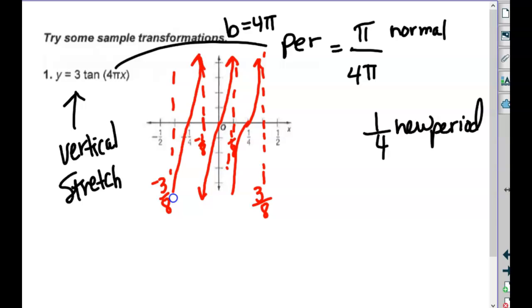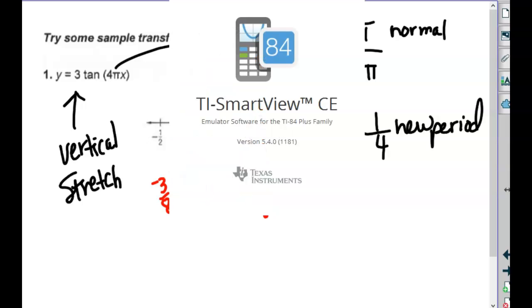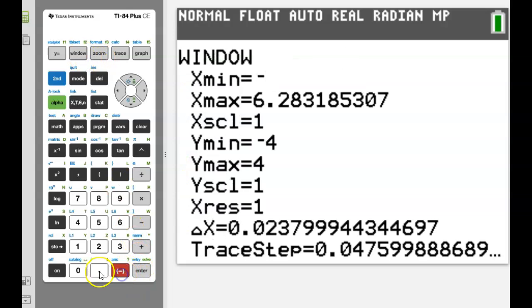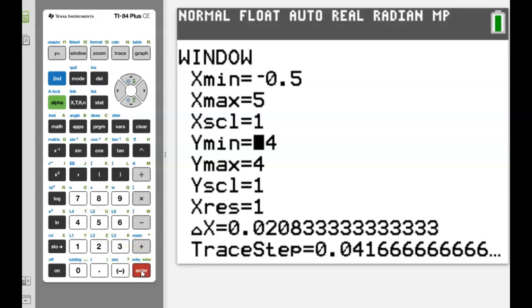Okay, wait, why is it? Oh, no. Because that's what we were counting by. If I were to graph this on the calculator, somebody remind me, what did it say? 3 tan 4 pi x. Okay, I'm in radians. The window was like negative 1/2 to 1/2 across? Up and down, like 4.